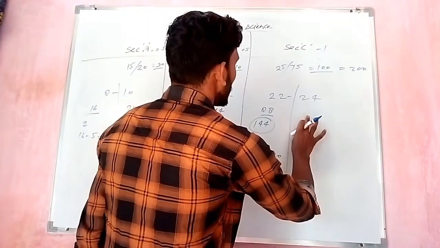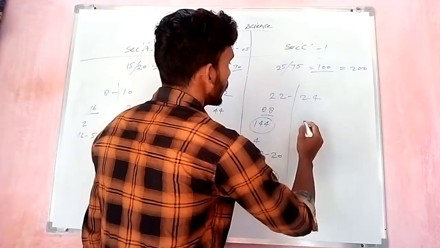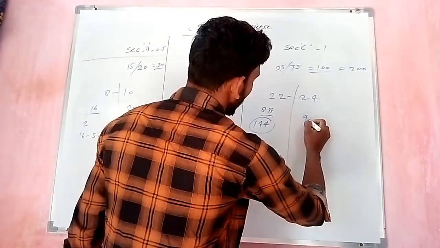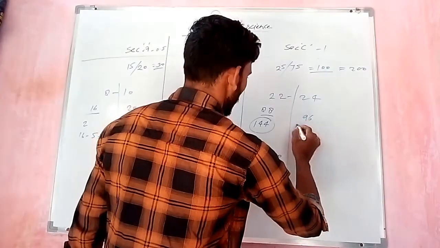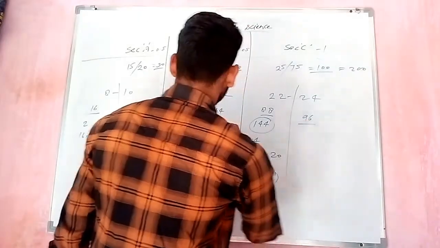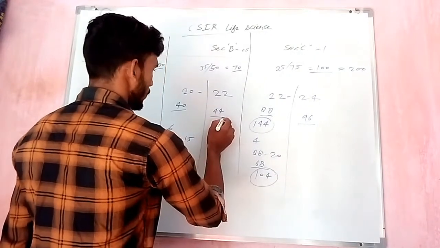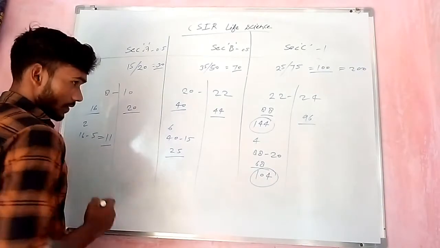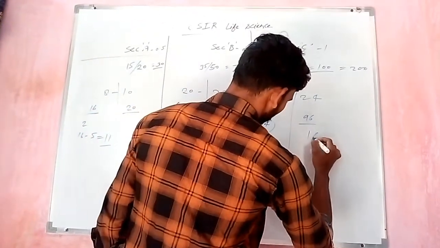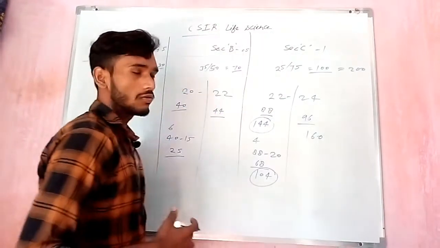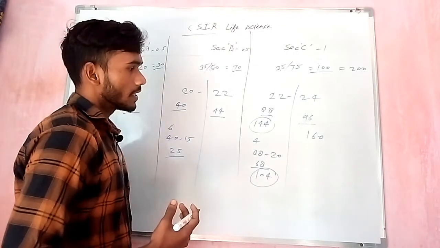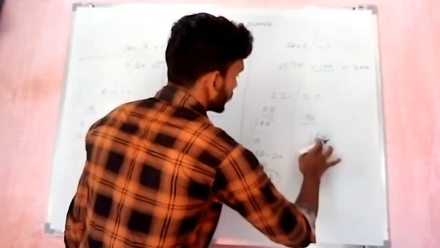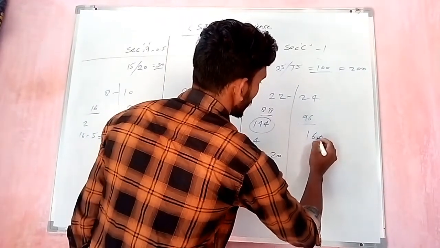In section C, if we attempt 24, 24 into 4 is equal to 96. Let's calculate: 96 plus 44, 140, plus 20, 160 marks. 160 marks is a good score to qualify for the JRF in the general category.